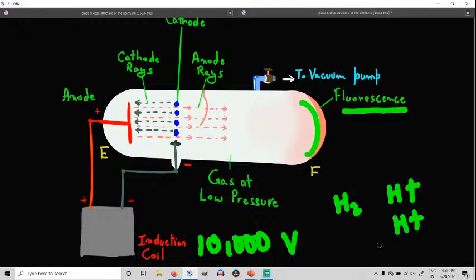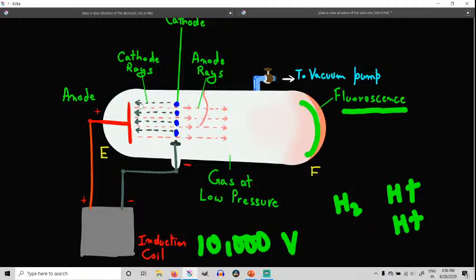If you apply very high electrical energy on hydrogen gas molecules, what is going to happen? The electrons present in these atoms absorb the electrical energy and are knocked out, and the electrons thus knocked out travel towards the anode.